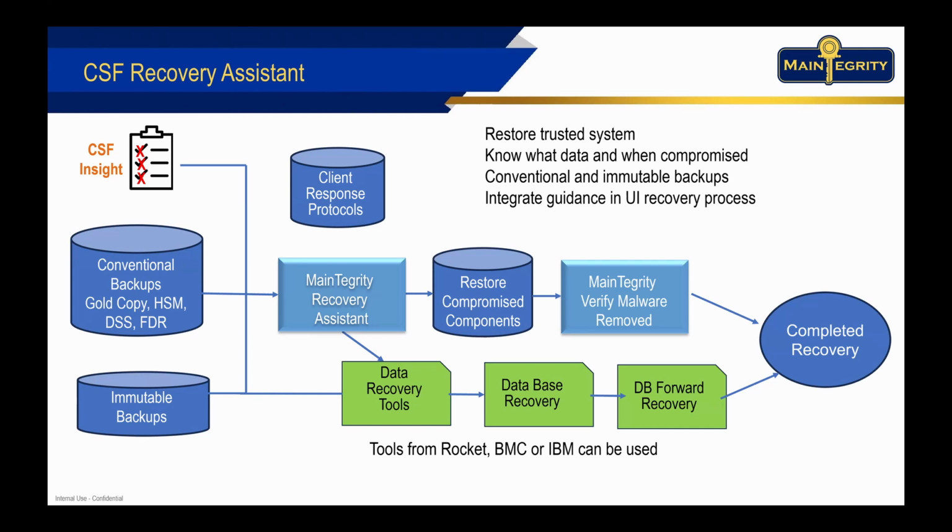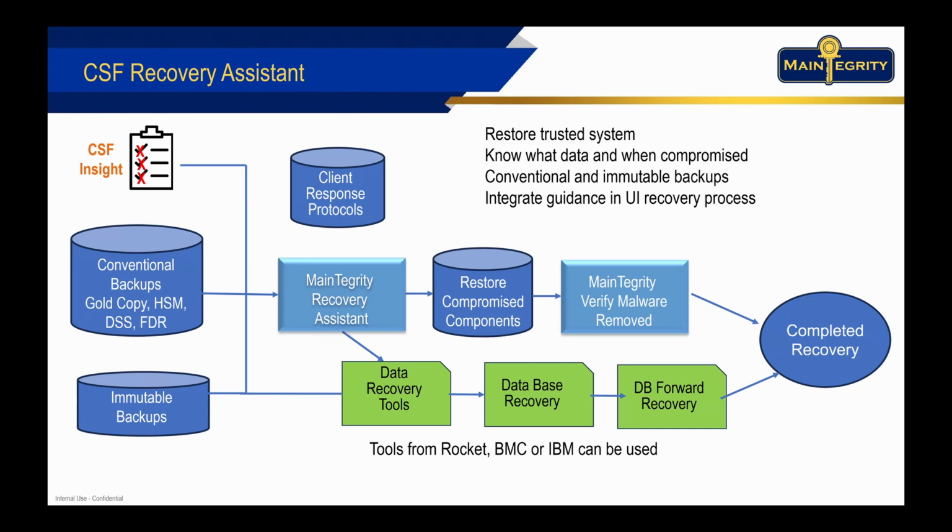This information can be used to tailor JCL templates and restore damaged application or system files from conventional backup sources like DSS, DFHSM, FDR, gold copies, that kind of thing. The system will automatically select a GDG to recover from that immediately precedes the date and time that the attack occurred. So it's got some smarts built into it.